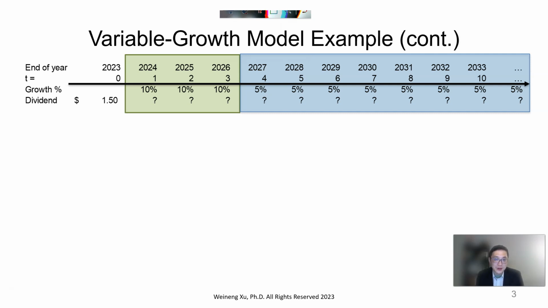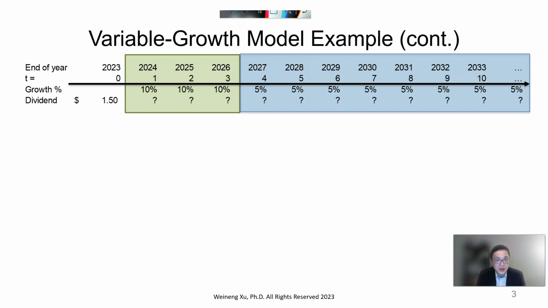And following those 3 years, the subsequent years' dividend growth rate will be 5%. And let's make that a blue part. Now note that for the green part, the cash flow only occurs 3 times. And for the blue part, the cash flow is actually happening for an infinite amount of time.